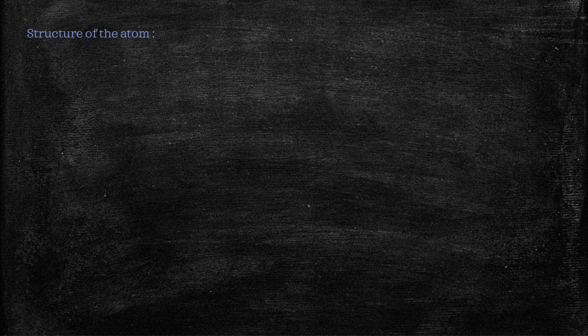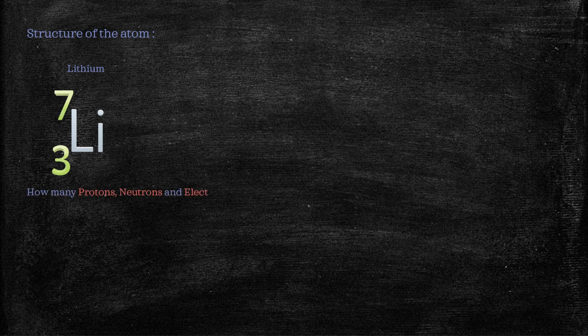Using what we have learned earlier in this video, an atom of lithium is represented as this symbol. How many protons, neutrons, and electrons does this atom have? The answer is pretty easy. The number 3 represents the symbol Z, which is the number of protons.